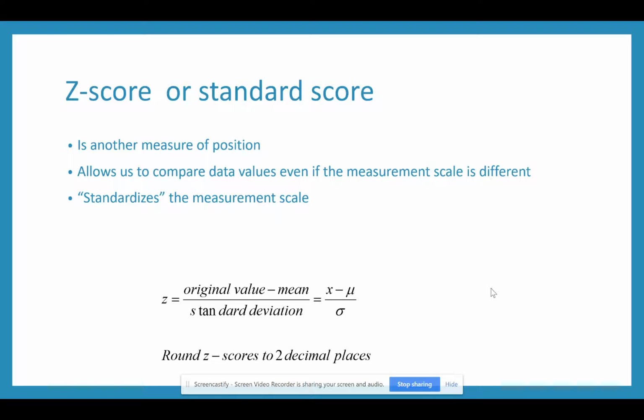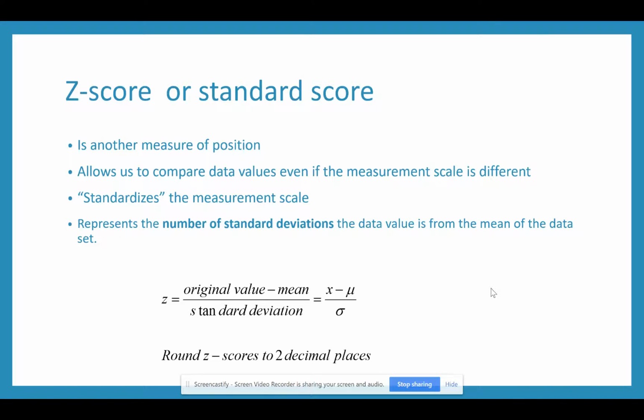So the z-score, or sometimes called the standard score, standardizes that scale. And what it actually does is it converts from pounds or grams to standard deviations. Your unit of measurement for a z-score is the number of standard deviations that your data value is from the mean.